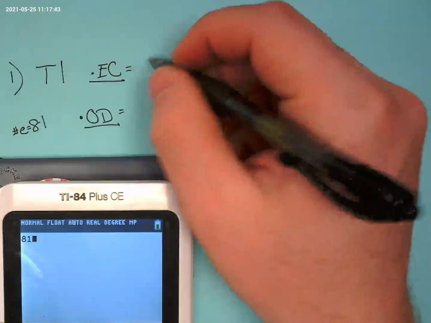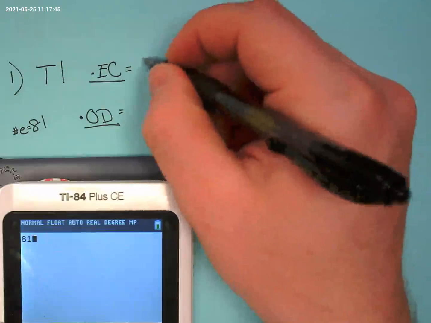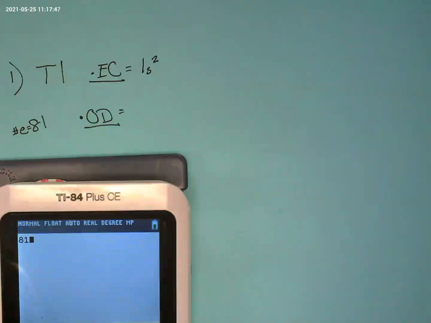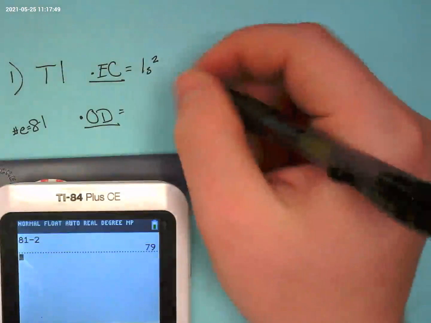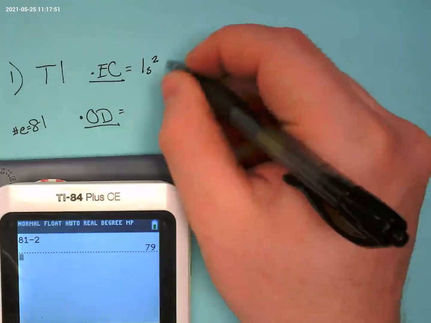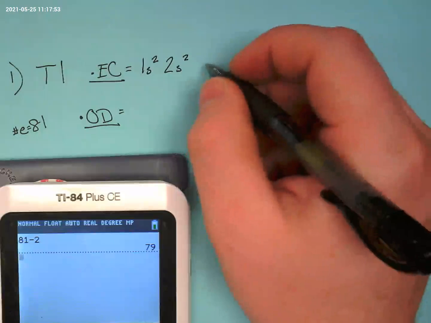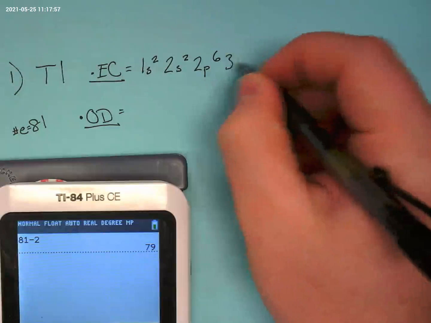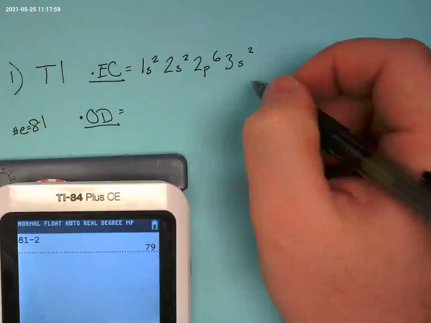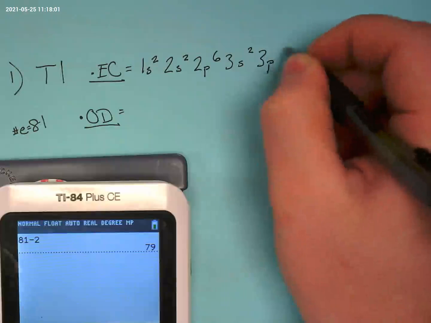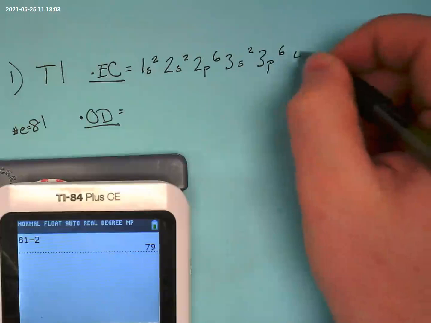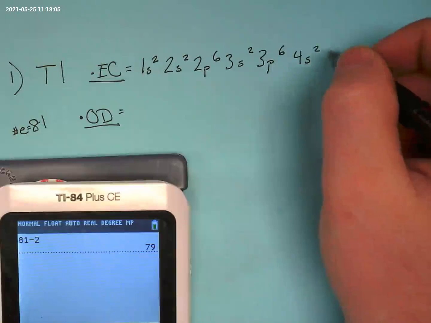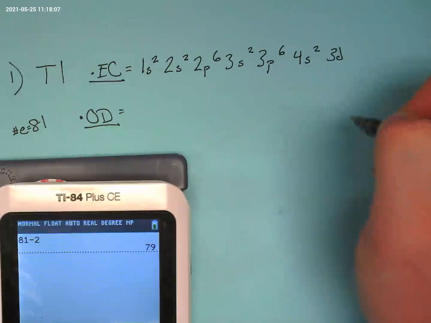I'm going to start reading my chart here. We're going to start with 1s2, and I know I can fill in 2 because we need to fill in 81. So I've got 79. Then 2s2, 2p6, 3s2, and since this is so small, you can whip through it pretty quick because we're up until 3d.